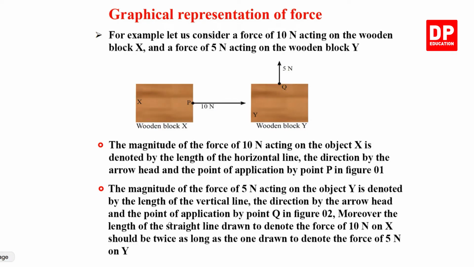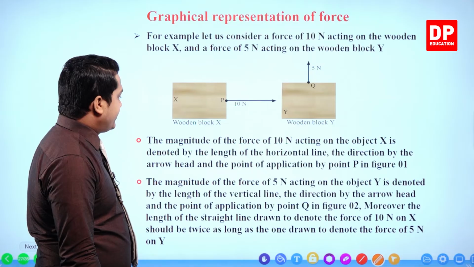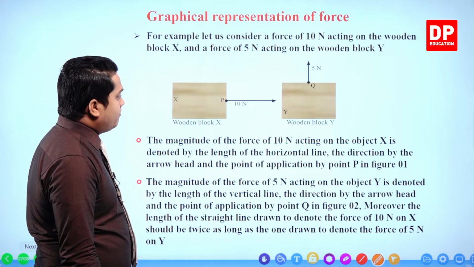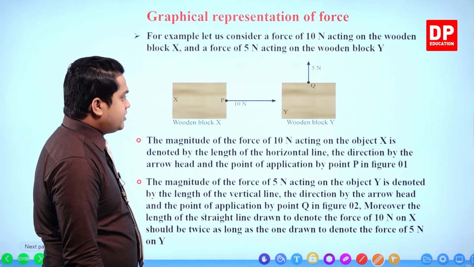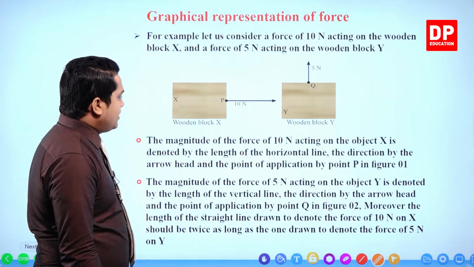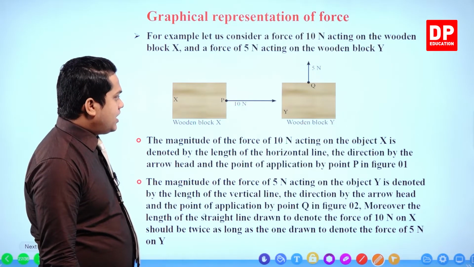For example, let us consider a force of 10 Newtons acting on the wooden block X. So this is wooden block X, with a 10 Newton force. A force of 5 Newtons is acting on the wooden block Y. See over here, 5 Newtons of force acting on wooden block Y. The magnitude of the force, 10 Newtons, acting on the wooden block X is denoted by the length of the horizontal line.